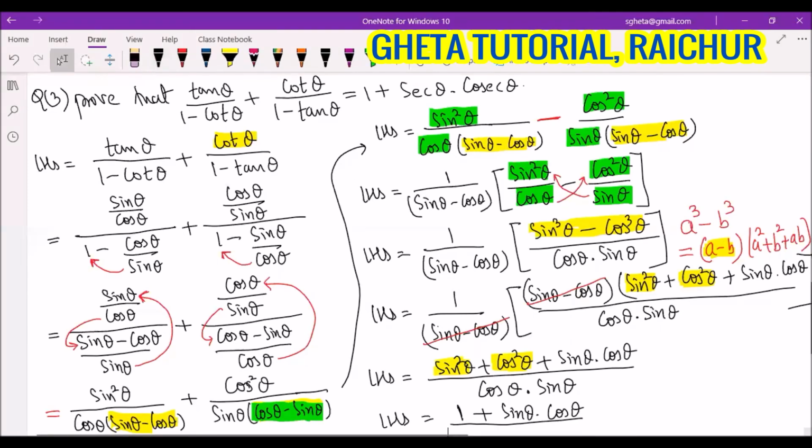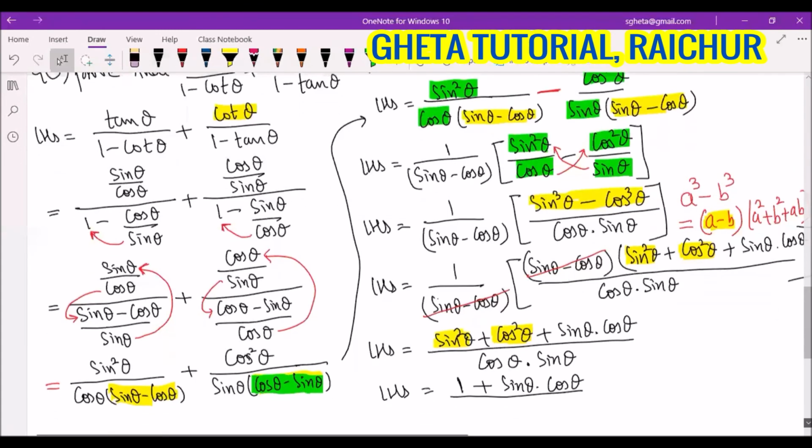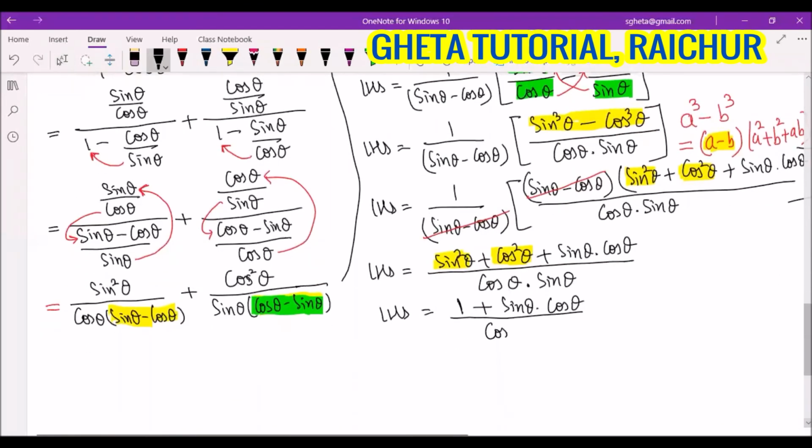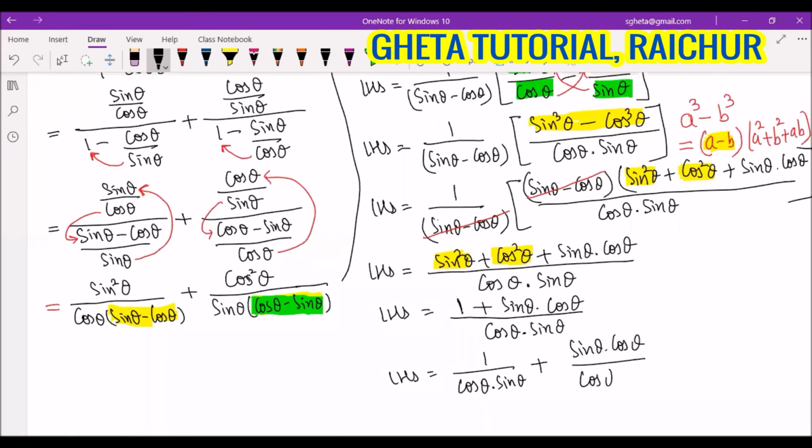I just bring it down so it will be visible to you. Here the denominator is the same, cos theta into sine theta. Now I will separate the numerator over the denominator. So I will write 1 by cos theta into sine theta plus sine theta into cos theta divided by cos theta into sine theta.